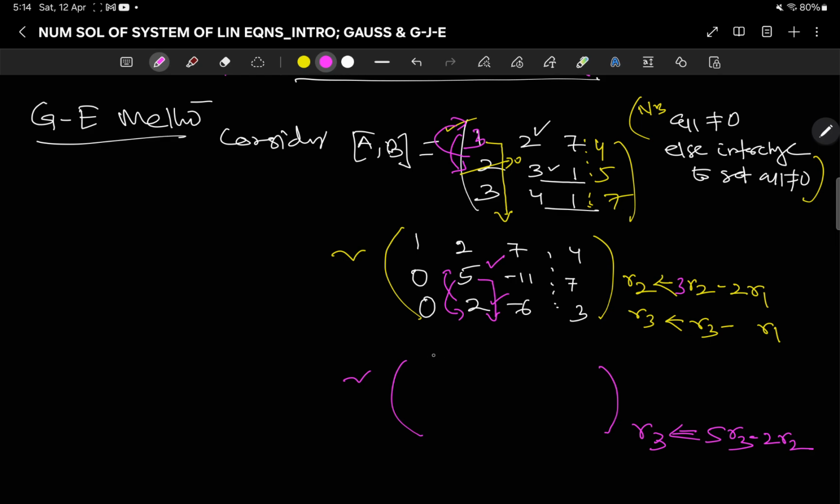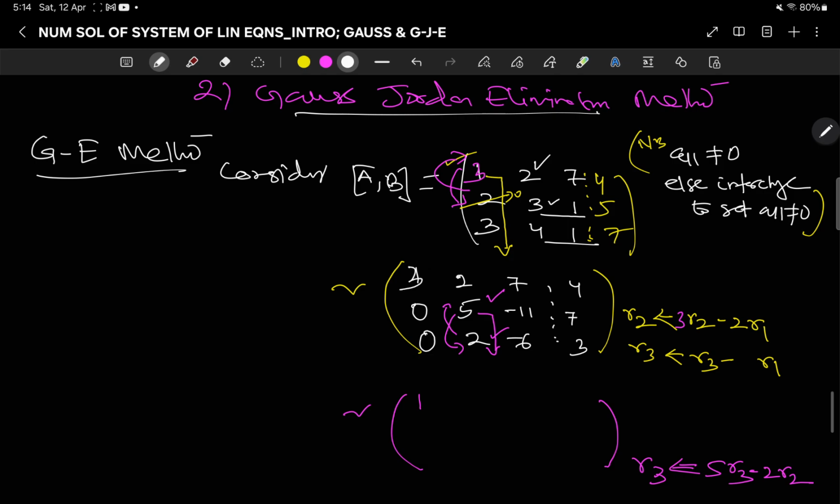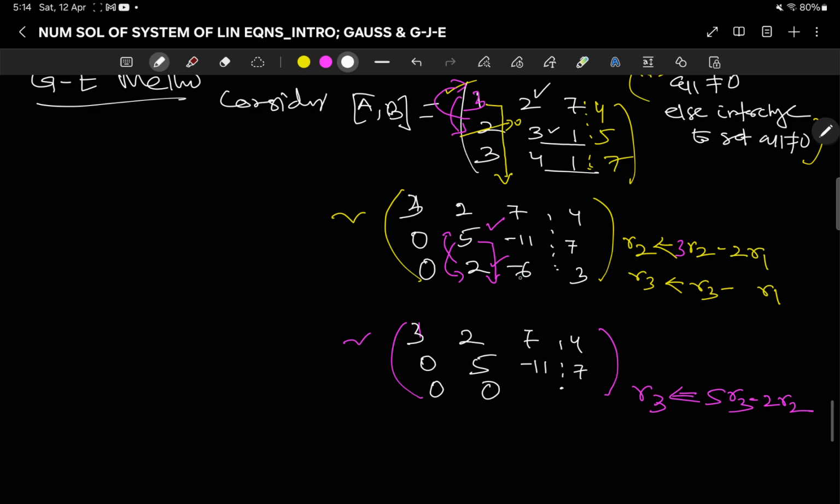Row 1 remains silent: 3 2 7 4. Row 2 remains silent: 0 5 minus 11 7. This is automatically 0. Now you calculate 5 into row 3: minus 30 plus 22, so this will be minus 8, and this will be 1, since 15 minus 14 is 1.